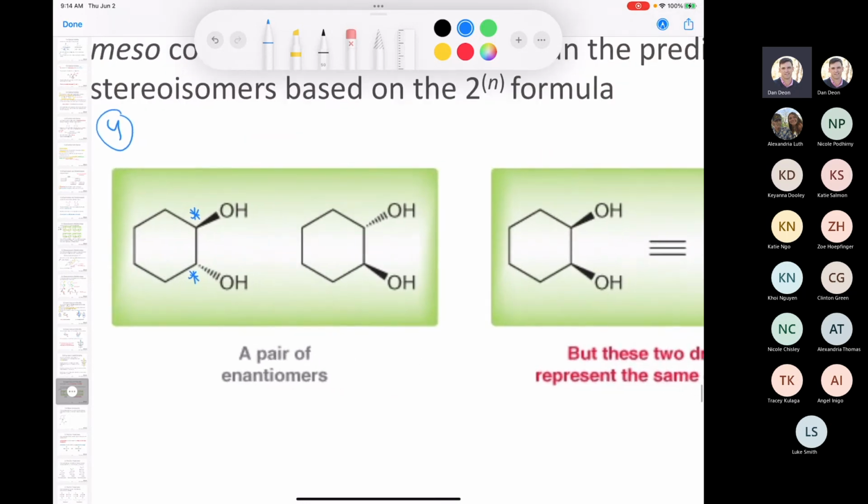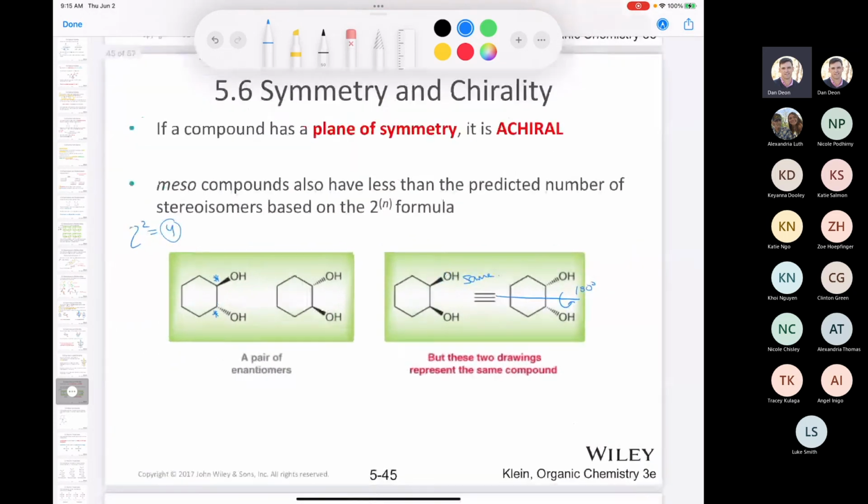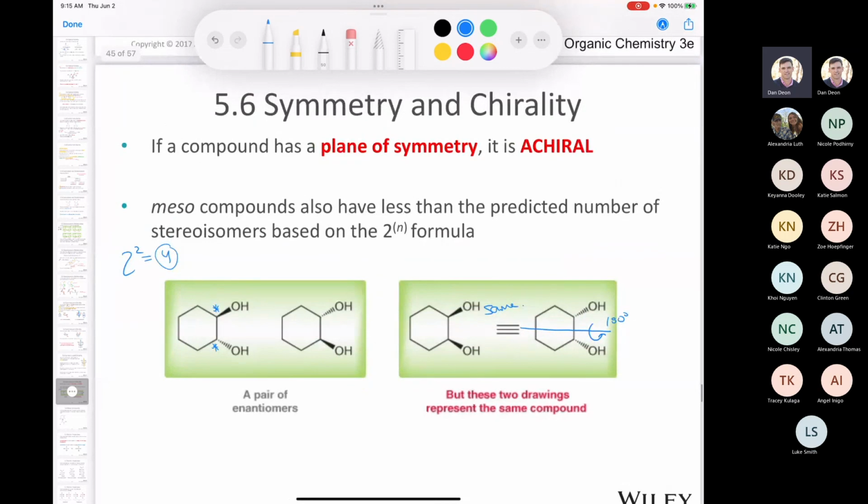However, if you draw this molecule, the cis, and then you reverse both of those stereogenic centers, hopefully you can see that if you rotate this 180 degrees, you end up with the exact same thing. And so because we end up with a meso compound, we actually end up with 4. You have to remove one, and we actually only end up with 3 possible stereoisomers in this particular case.